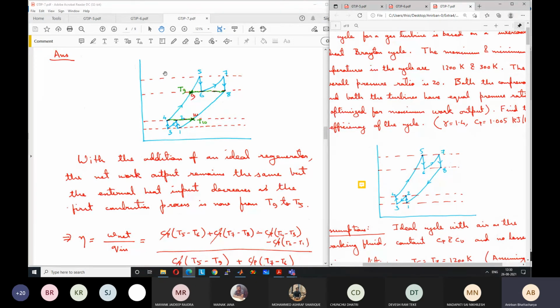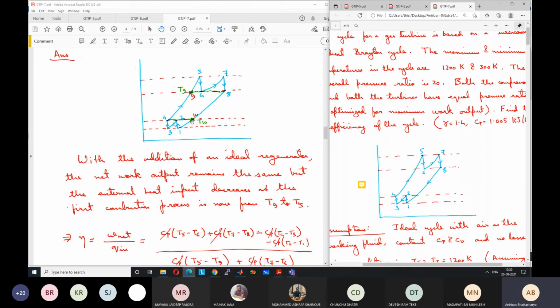The 9 to 5 is the heat addition in the first combustion chamber. Then again, same turbine expansion 5 to 6, same heat addition in the second combustion chamber 6 to 7. Then same expansion in the second turbine 7 to 8. Then heat rejection in the regenerator, means heat removal from the heating side of the regenerator, so from 8 to 10.